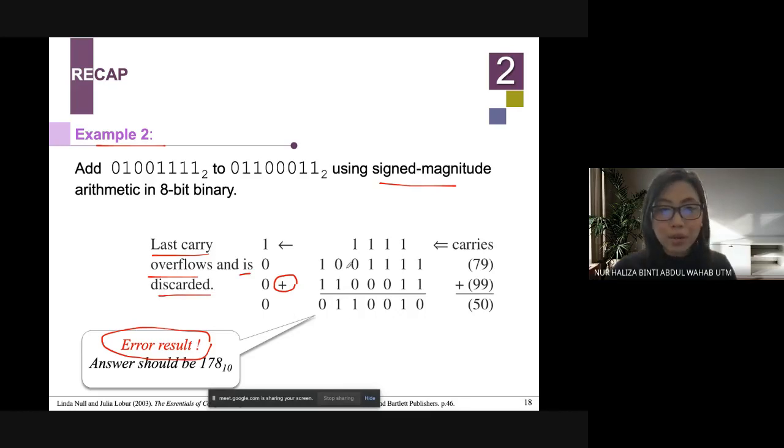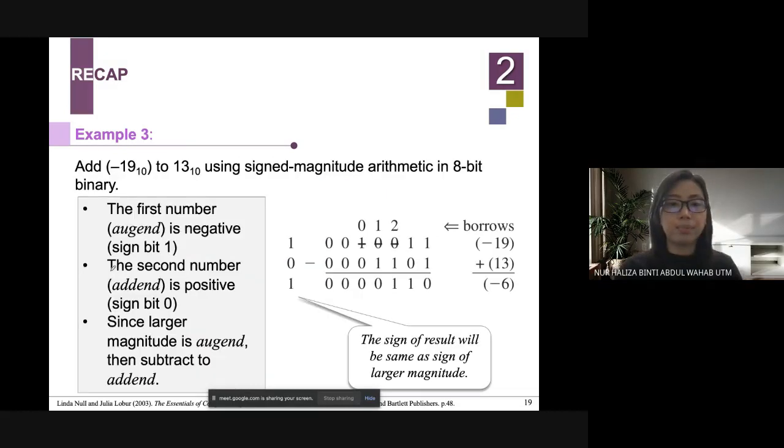So maybe over here you can see that normally you have 1 plus 1, you're going to have 0 and carry 1, isn't it? So you bring it over here. So this is basically the overflow and it is normally discarded. So if let's say you add it, it's going to be an error in your result because you're going to have a positive number, not negative.